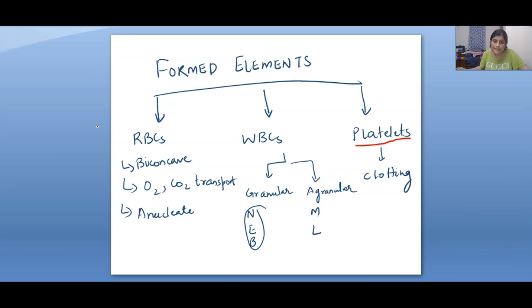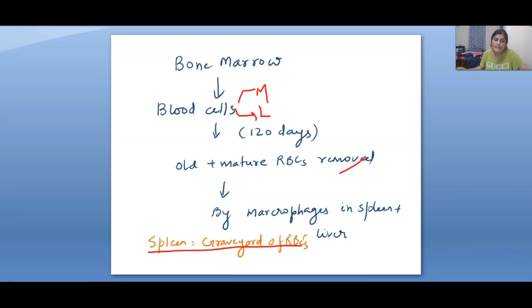The formed elements are the RBCs, WBCs and platelets, and the source of these is the bone marrow, the spongy tissue in bones such as the femur, the long bones or the flat bones. There the hemocytoblast stem cells produce blood cells from the two lineages, the myeloid lineage and the lymphoid lineage.